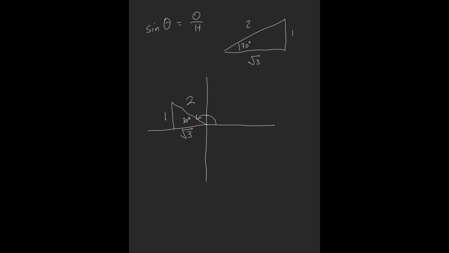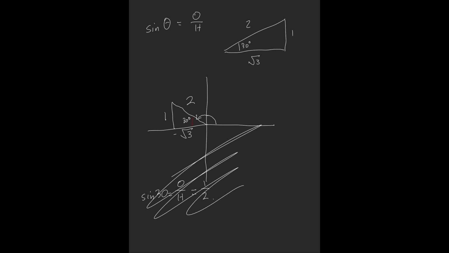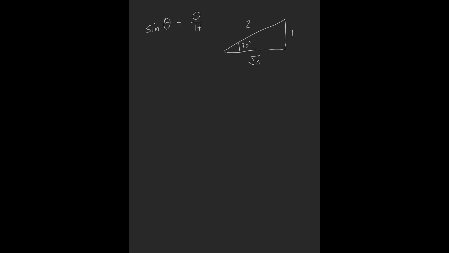Since this is asking for the sine of theta, sine 30 is equal to the opposite over the hypotenuse, which is simply 1 over 2. Notice how, since the x-axis is not involved, our signs remain unchanged, as in the second quadrant.